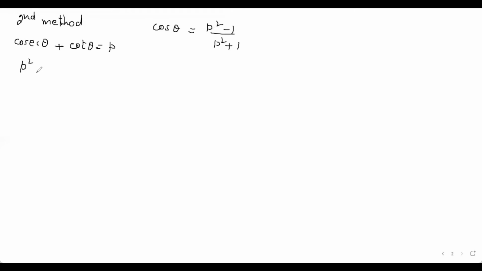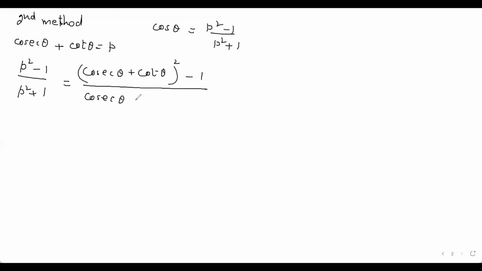I'm going to write the right hand side first. p square minus 1 upon p square plus 1. It means instead of p, I'm going to write cosec theta plus cot theta. So this is (cosec theta plus cot theta) whole square minus 1 upon (cosec theta plus cot theta) whole square plus 1. Now this is numerator, this is denominator.